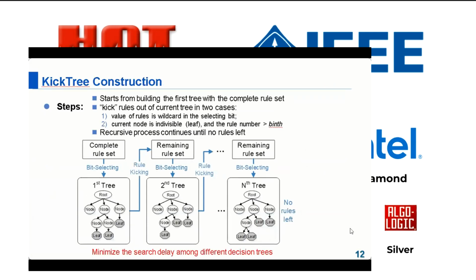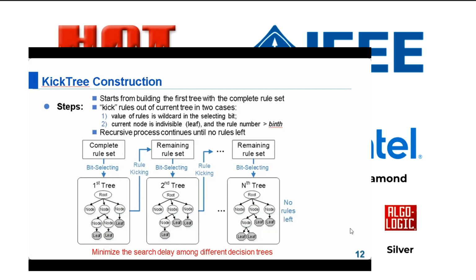This figure shows the process of cake tree construction. For simplicity, it controls the number of levels and the roots of each tree by kicking roots out of the current tree during construction in a recursive manner. The recursive process continues until no roots are left, which might result in multiple decision trees with evenly distributed depths and leaf node rule number.